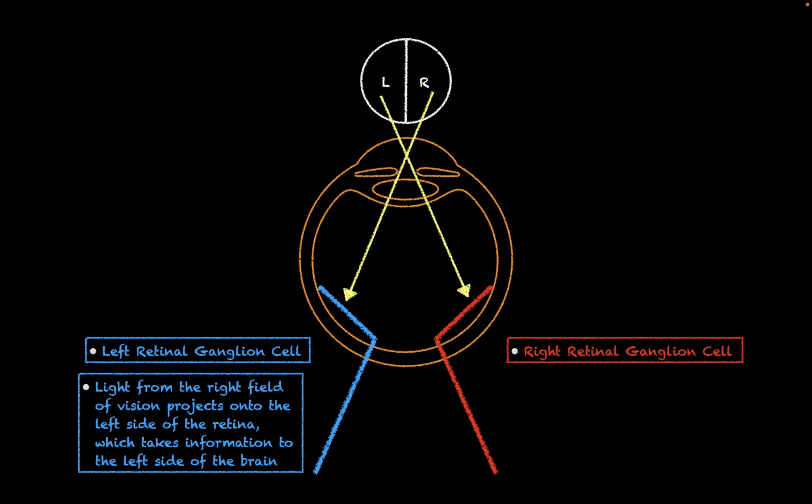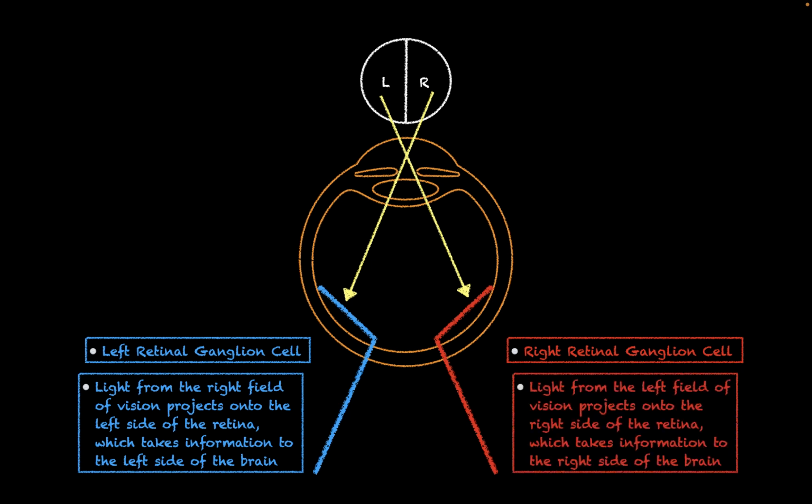Light coming in from the left field of vision hits the right side of the retina, and then this takes the information to the right side of the brain. This is an incredibly important concept to understand in order to understand the pupillary light reflex.